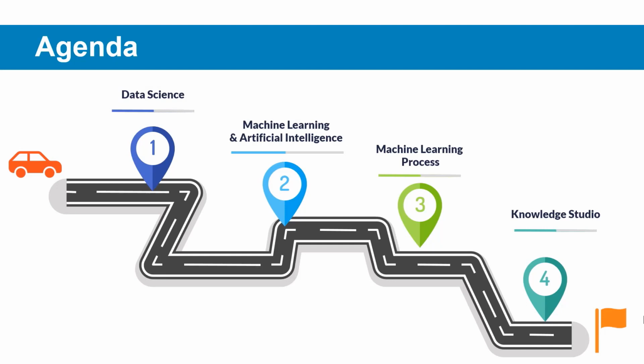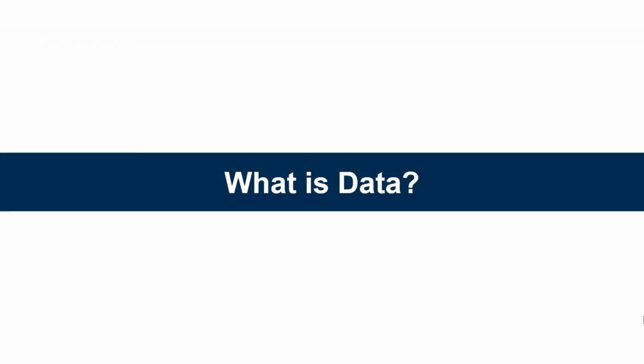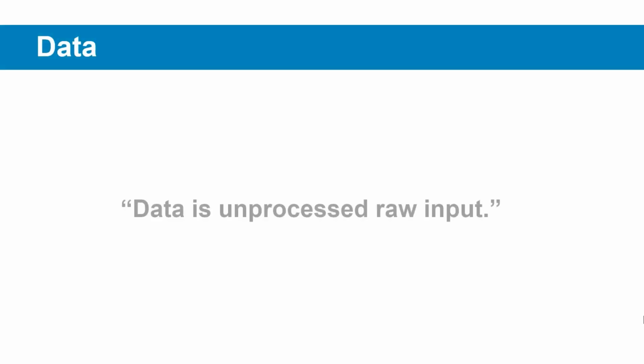So let us begin our journey of understanding data and its science. We have heard the term data a lot many times in our life, but never realized what actually is data and how it can be effectively used to accomplish tasks that appear impossible to be done by a human. A simple definition of data is, it is unprocessed raw input, which means any input which we get from any source can be termed as data.